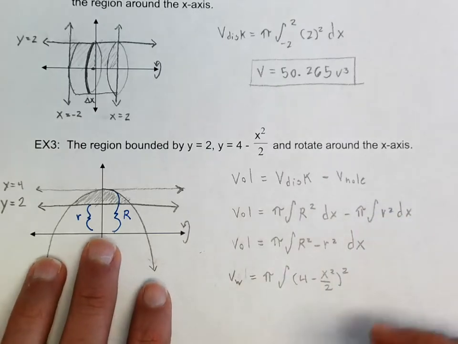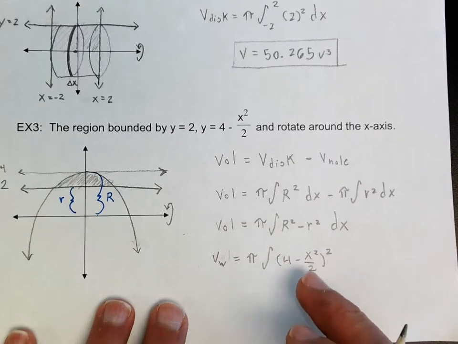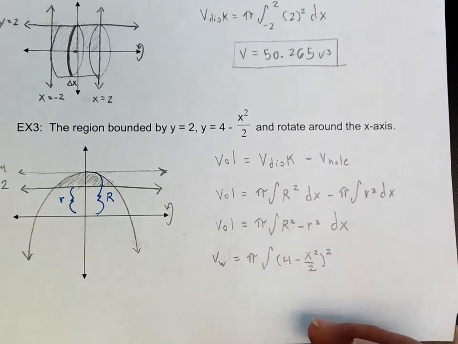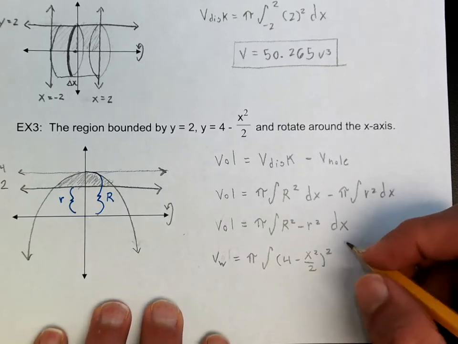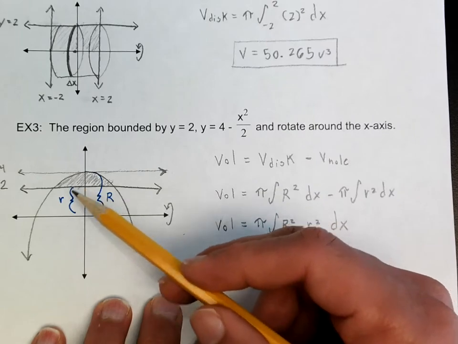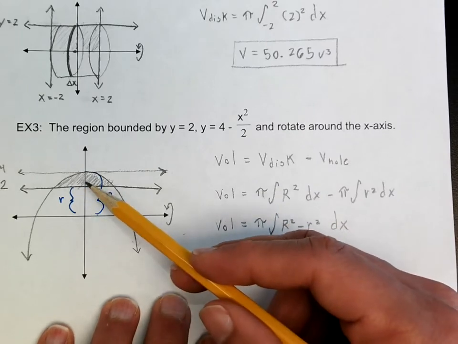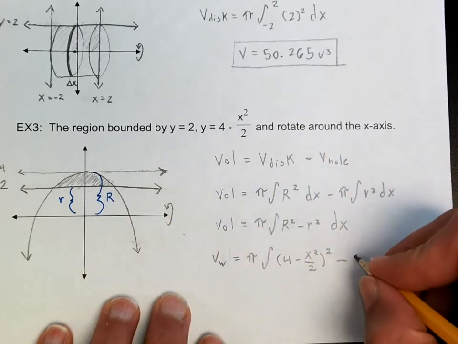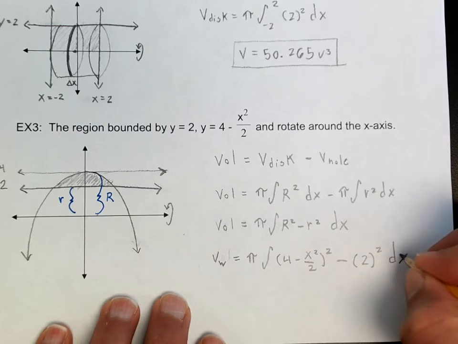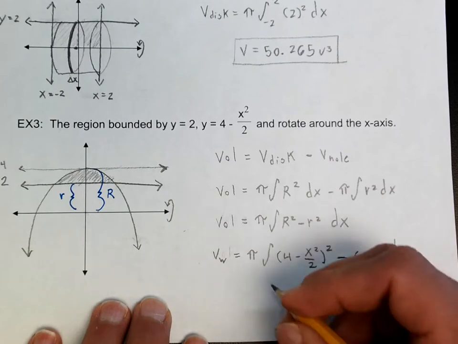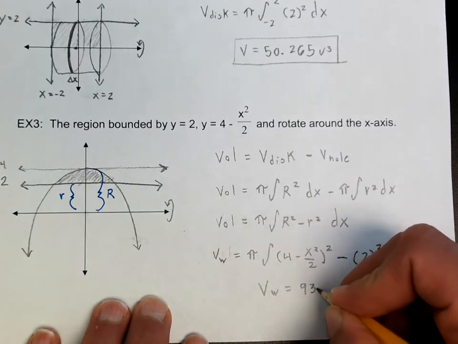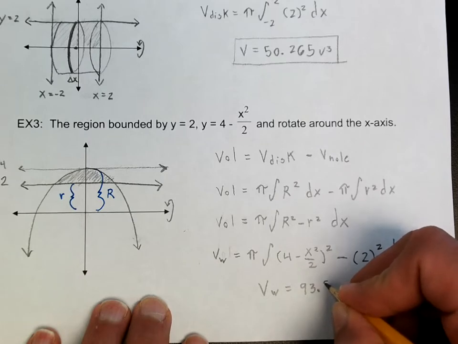And you can argue that you can say 4 minus x squared over 2 minus 0, so that top minus bottom thing applies here also. And then we're going to subtract the radius of the hole, which would be from here to this line, which is 2. We're going to square that, dx. And if we integrate this, we get that the volume of this washer is 93.829.